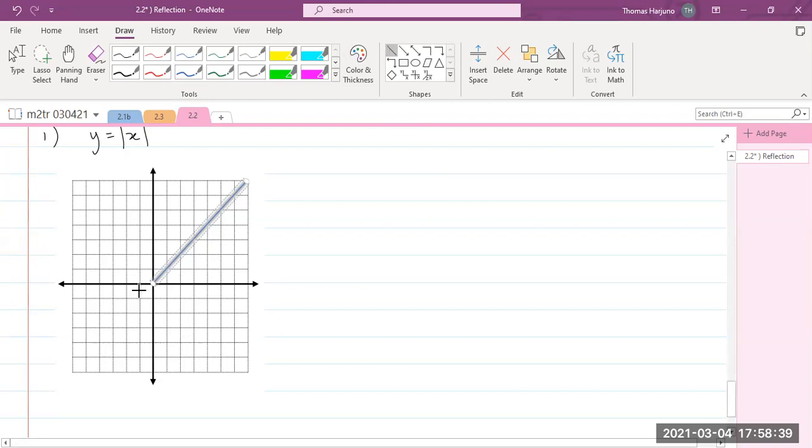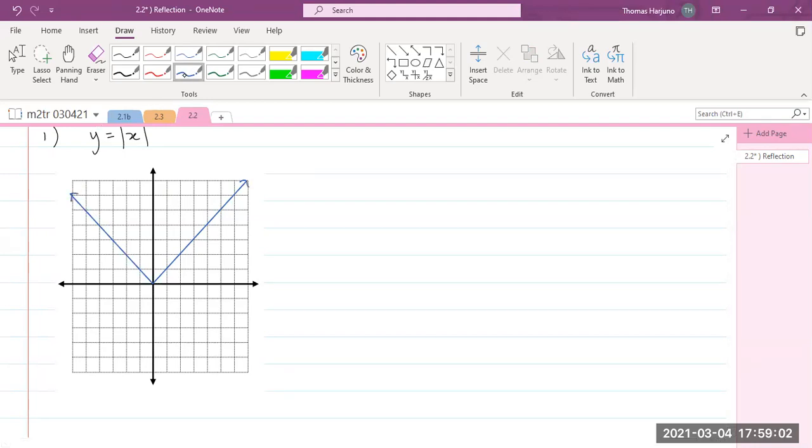Now the slope of the right hand is 1. The slope of the left hand is negative 1. That's what it looks like.